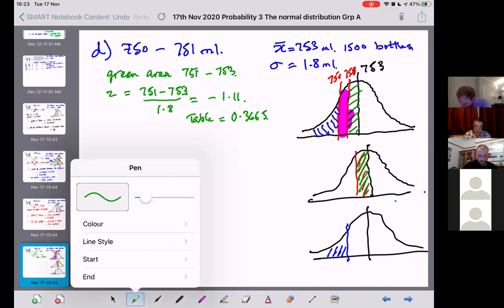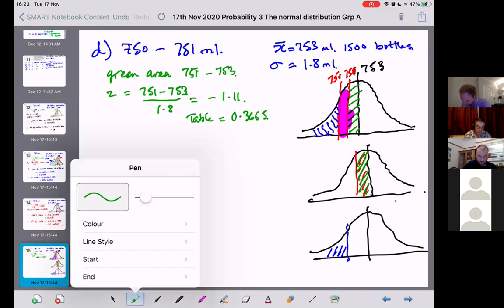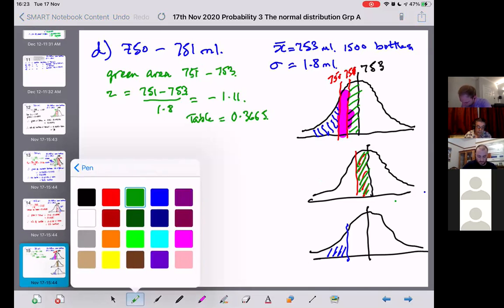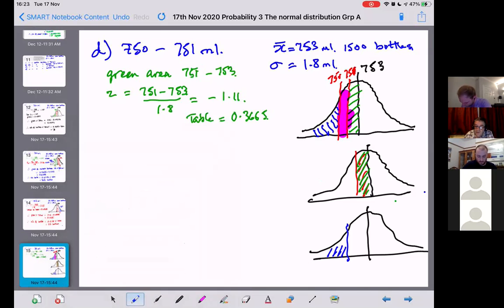Now, the blue area is going to be 0.5 minus the area between 750 and 753.